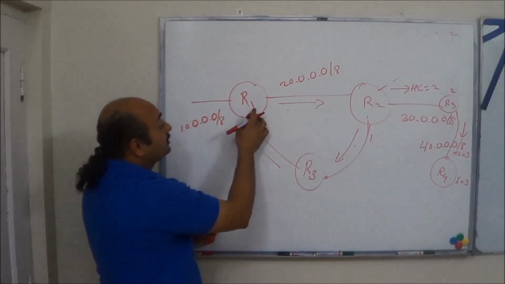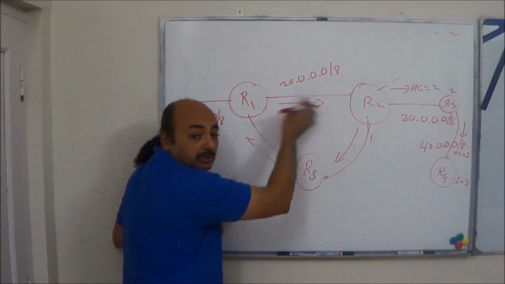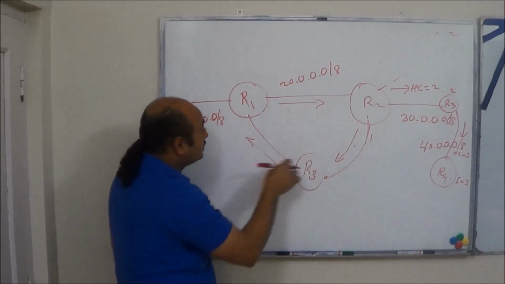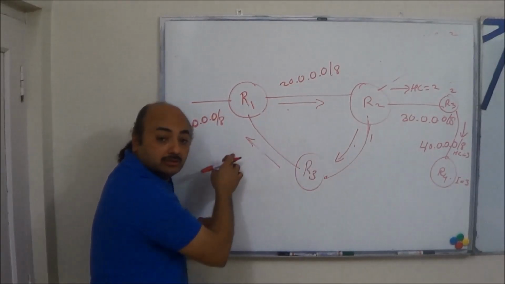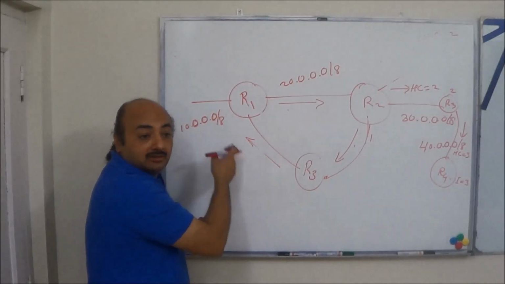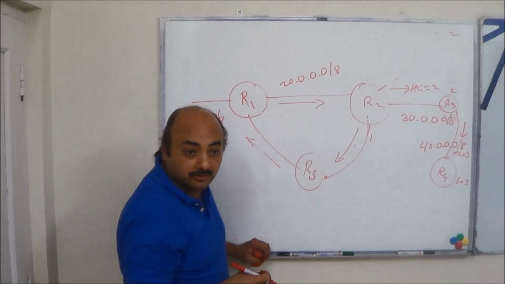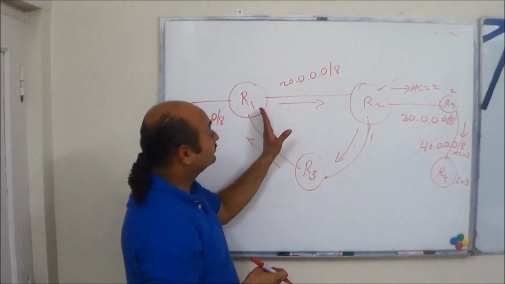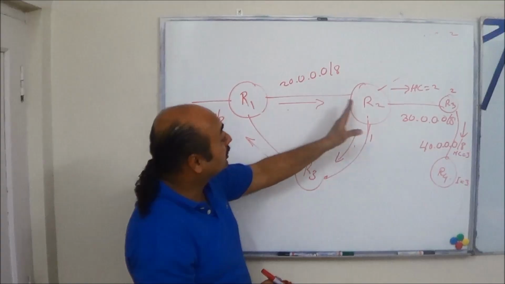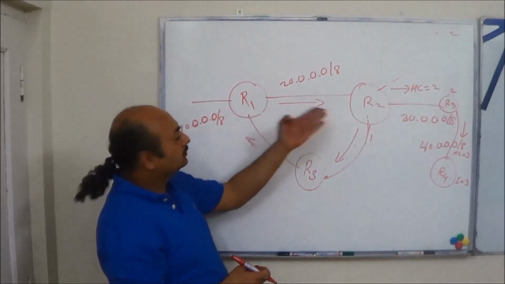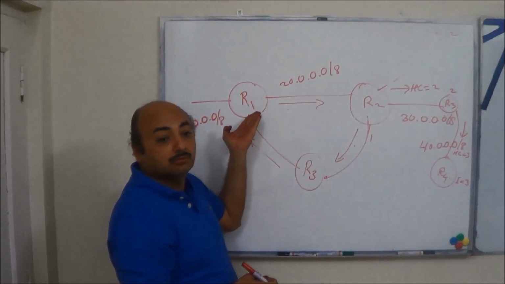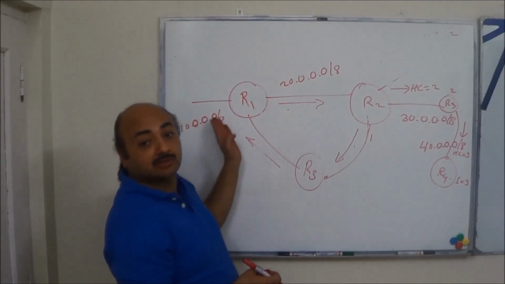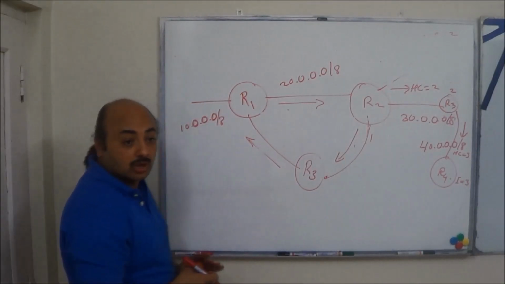So R1 got it indirectly from somebody else. You cannot take care of this by split horizon or split horizon with poison reverse, because R2 is telling R3 and R3 is coming back to R1. So how do you take care of it?